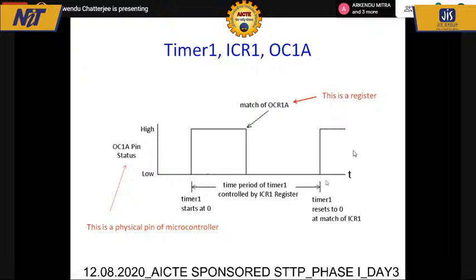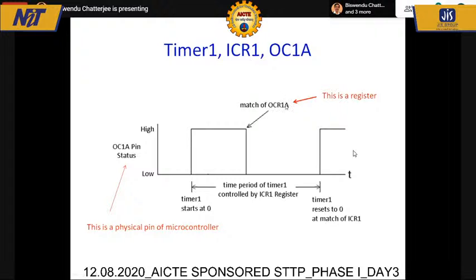Timer 1 starts at 0 and Timer 1 resets to 0. This duration is the time period of Timer 1. As soon as the timer starts at 0, this OC1A pin becomes high. It will continue and the timer also continues.